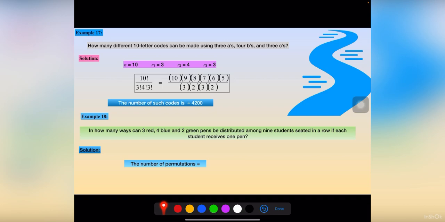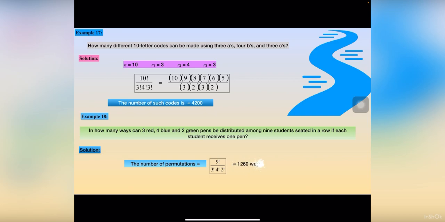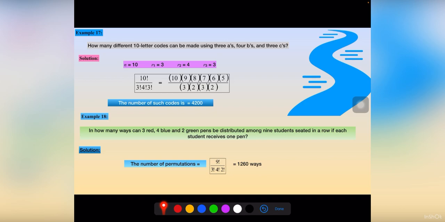The number of permutations is 9 factorial over 3 factorial times 4 factorial times 2 factorial, which equals 1,260 ways. So the 3 red pens are considered as repeating identical objects, as are the 4 blue pens and the 2 green pens.